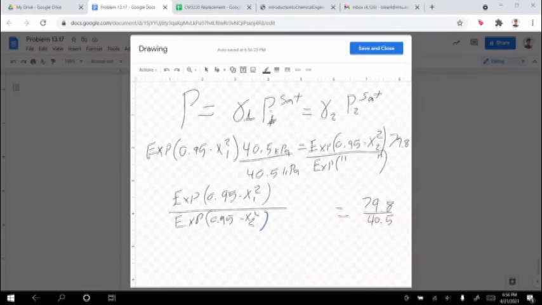We divide 79.8 by 40.5, and we get 1.97 is equal to the exponential of, and I'm going to do this step right here, 0.95 multiplied by x1 squared minus 0.95 multiplied by x2 squared. Sorry, that first one is not a minus sign, it is a multiplication sign.